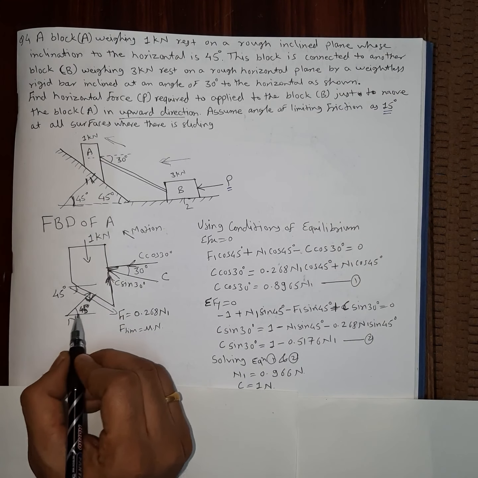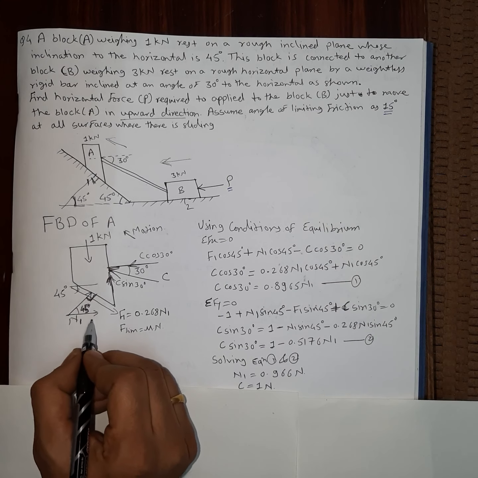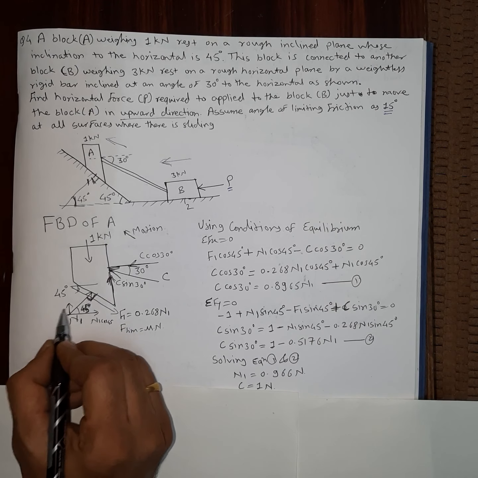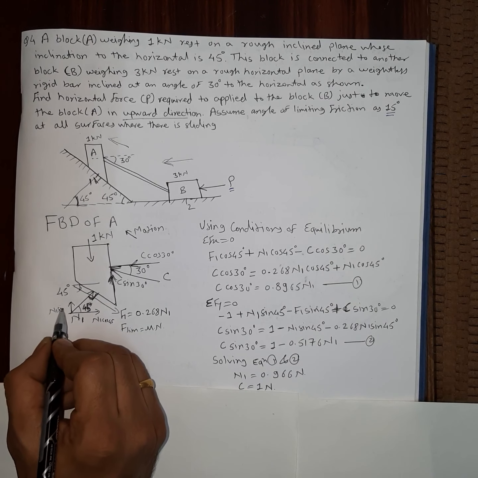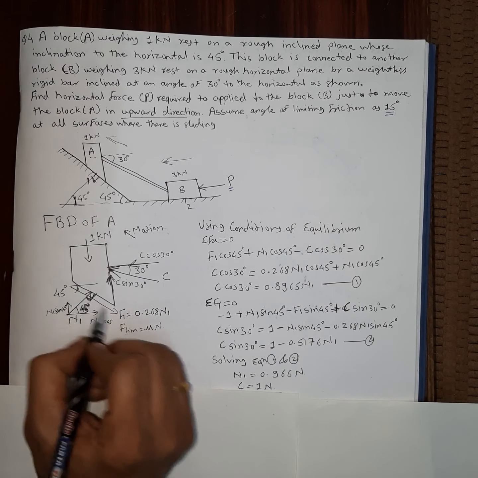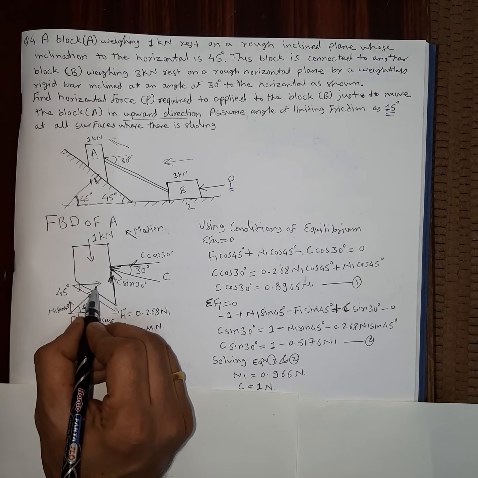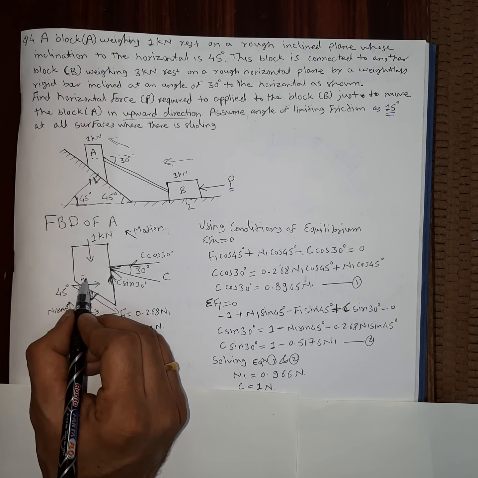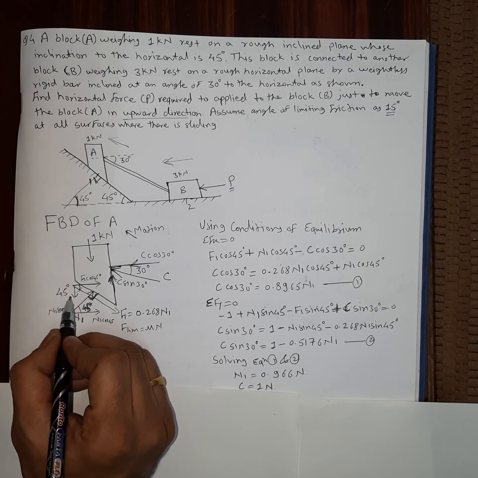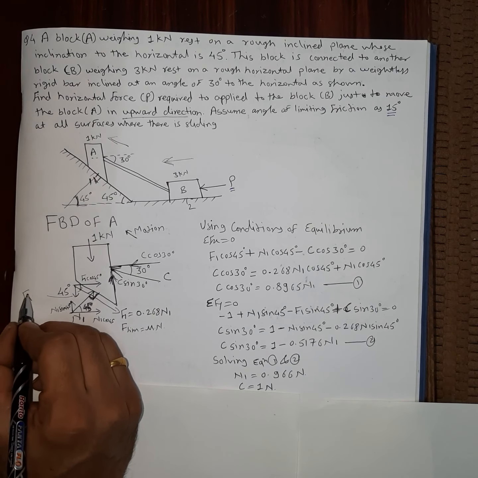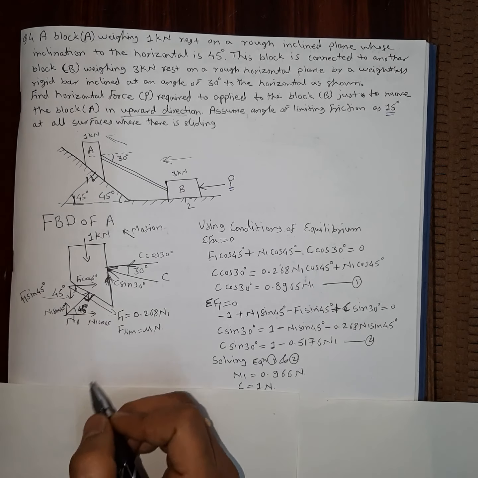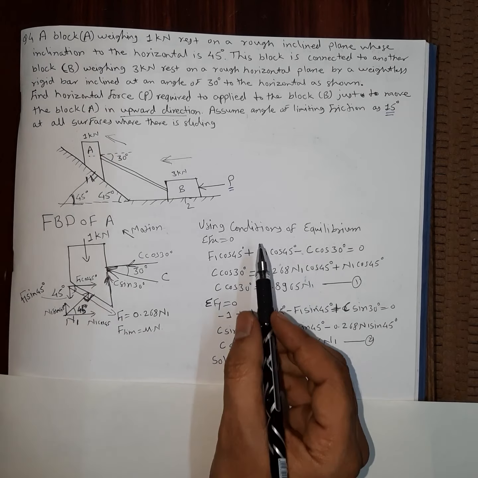Then this N1 is going toward the first quadrant, so that will be N1 cos 45 degree and N1 sin 45 degree. Then this F is going toward the fourth quadrant, so it will be resolved like this: F1 cos 45 degrees, and the vertical component I am writing here, F1 sin 45 degrees.